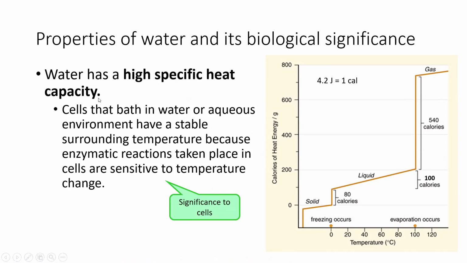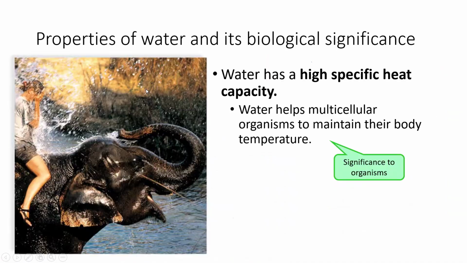So cells that bathe in water or aqueous environments have a stable surrounding temperature, because the enzymatic reactions taking place in cells are sensitive to temperature change. So this is one of the importance of water, because water has a high specific heat capacity.